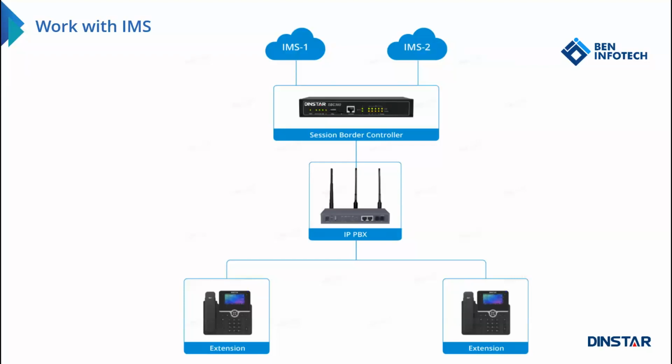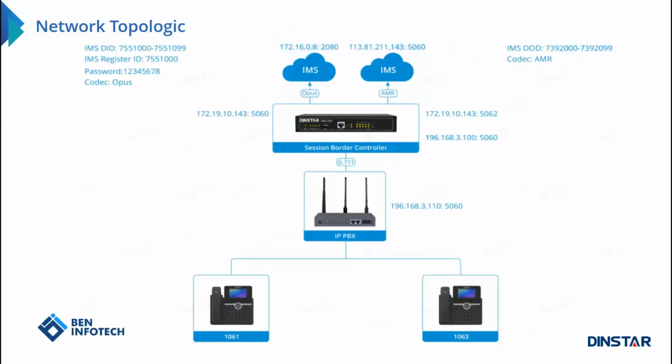So these extensions can make outgoing calls through the SIP connection that is given to your SBC through your ISP. You can see the IP and all these details. This is just an example so that you can understand what the image is, how it works, and how it is different from the register mode.